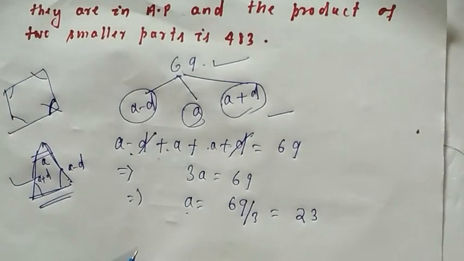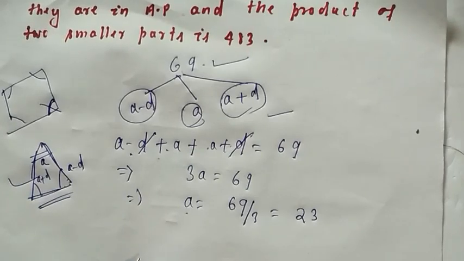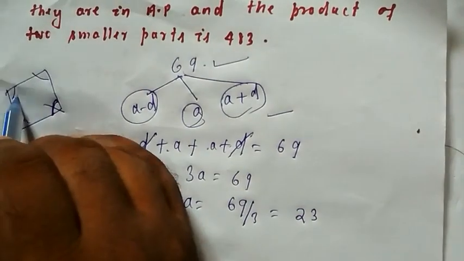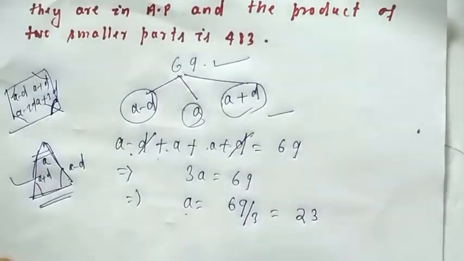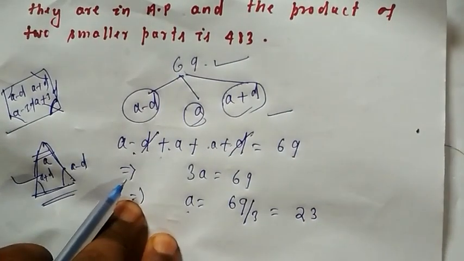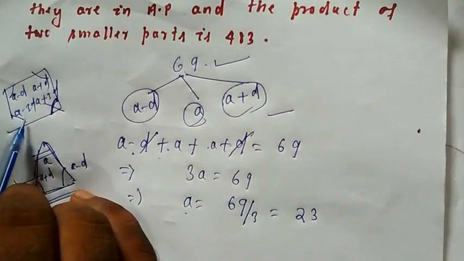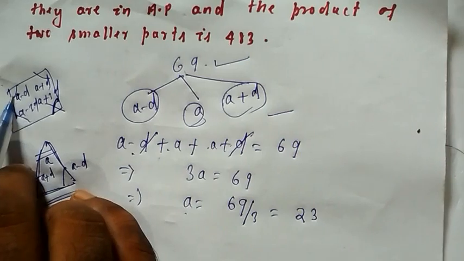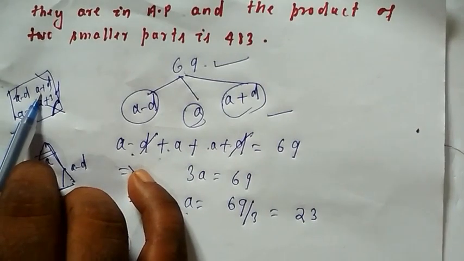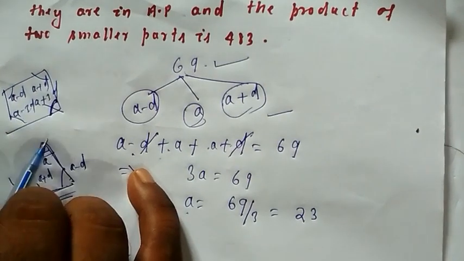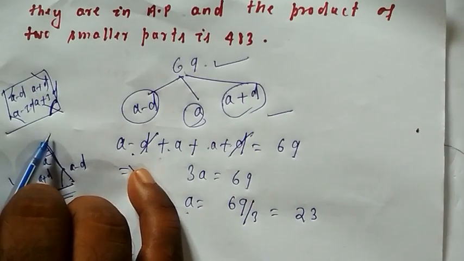Already I said just before which 4 terms you have to select. You will take A minus 3D, A minus D, A plus D, A plus 3D. Write them orderly like that.